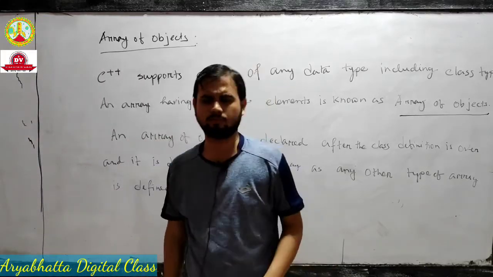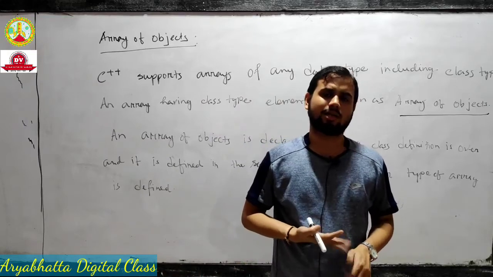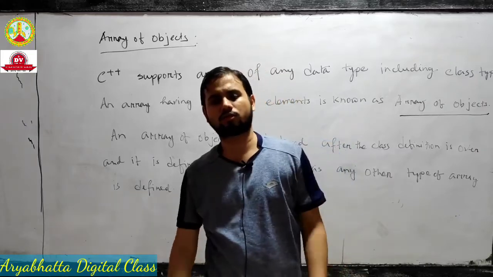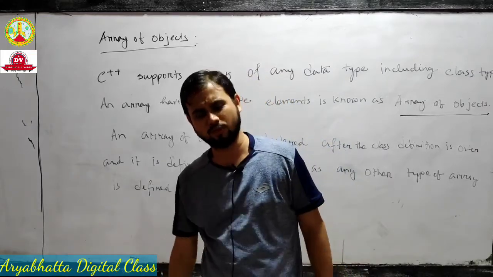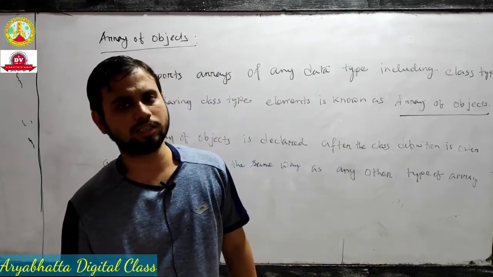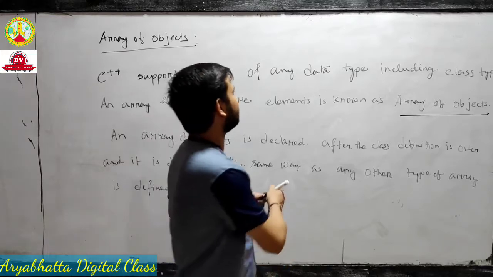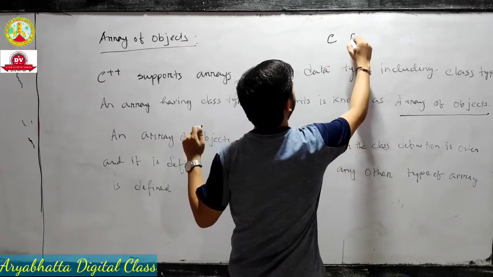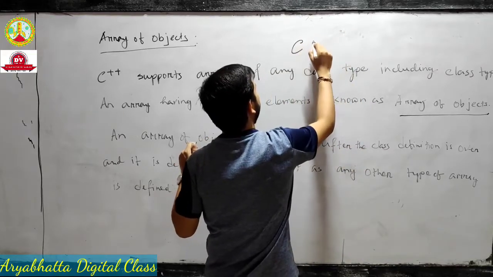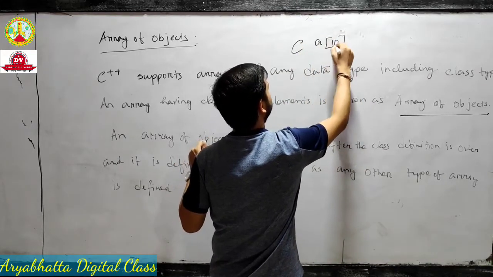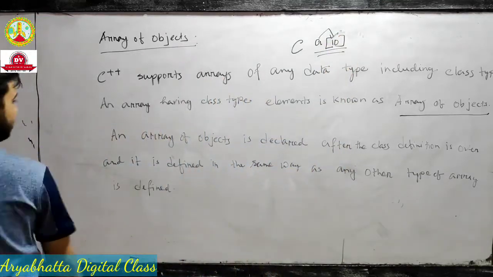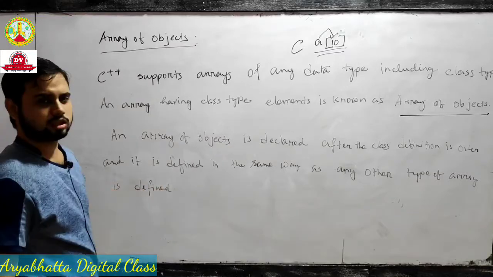It is a simple object concept: like a general object, how we declare it with respect to a class, in the same way it will be declared with respect to the class, but using an array. Suppose your class name is C and your object is A, then you define it like that: class name C, and in the main function array A, defining the object using an array, meaning array of objects. This will be the definition, and after this you write the example.